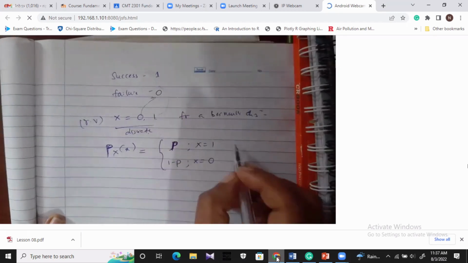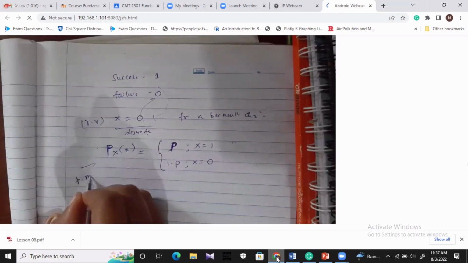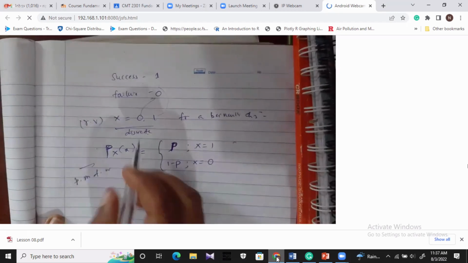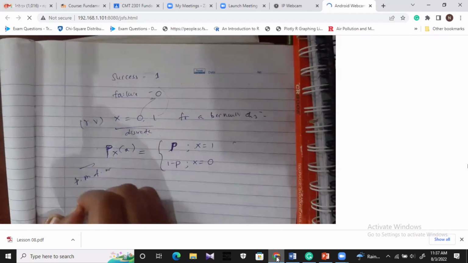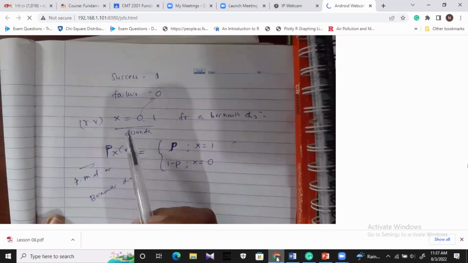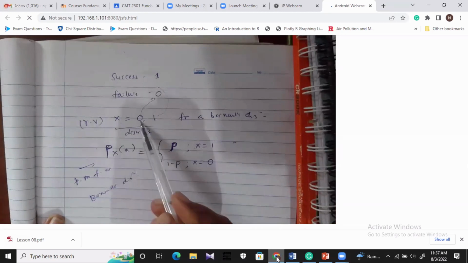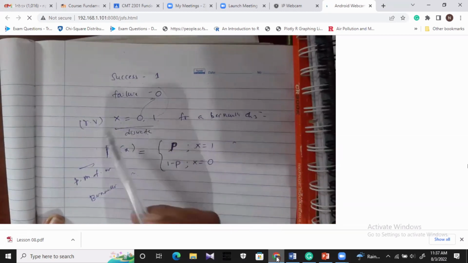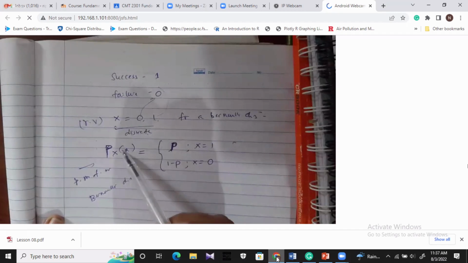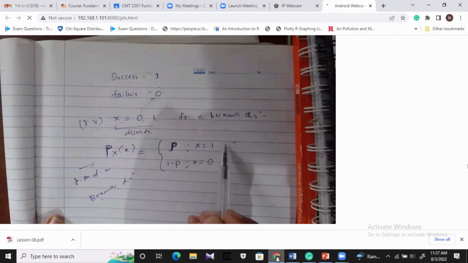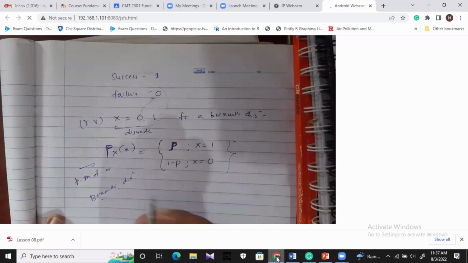So this is called the probability mass function of the random variable X, or we call it the Bernoulli distribution, because this random variable has only 2 values, 2 outcomes. So it's a Bernoulli trial or Bernoulli random variable. Therefore, this probability mass function is called the Bernoulli distribution. Understand? So we can write this function like this.